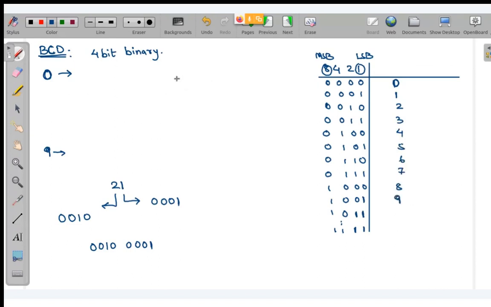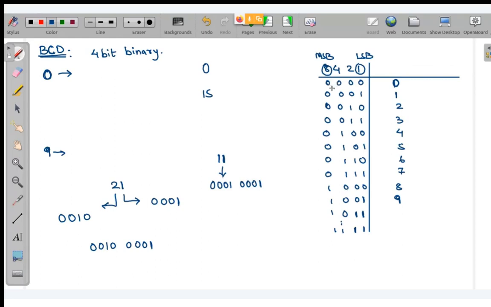But we know that using 4 binary bits, we can represent numbers from 0 to 15. In BCD, 11 is represented as 0001 0001.